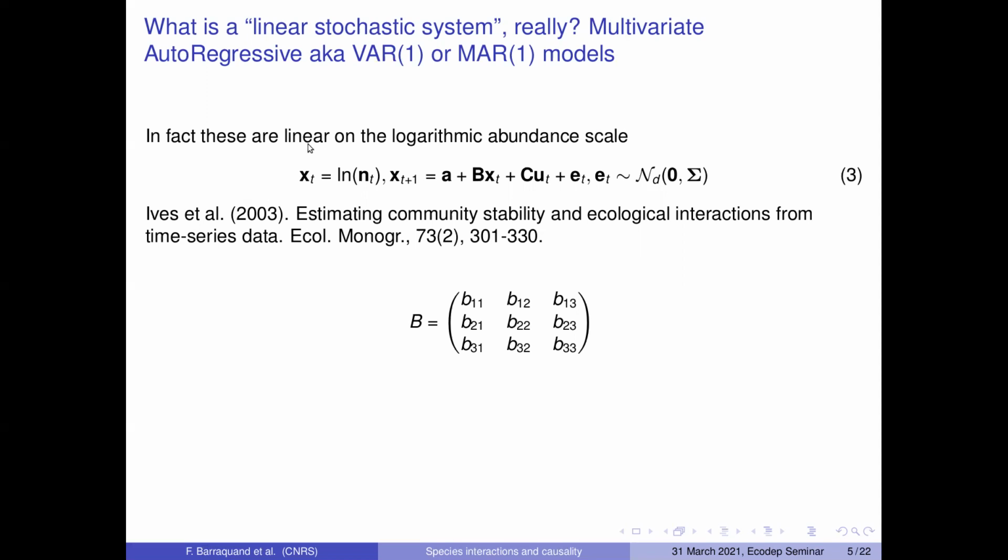So what we do is that we consider population sizes or population densities, which I denote N_t, and then we take the logarithms of these quantities, and then we write this equation 3, where you relate x_t plus 1 to x_t with an interaction matrix B. And you might want to add some control variables or some external forcing, U_t, that act as a forcing term.